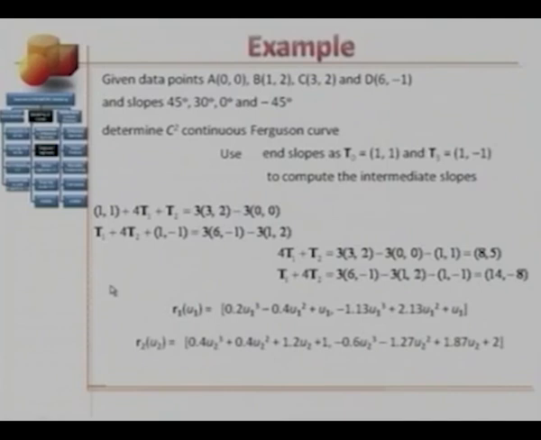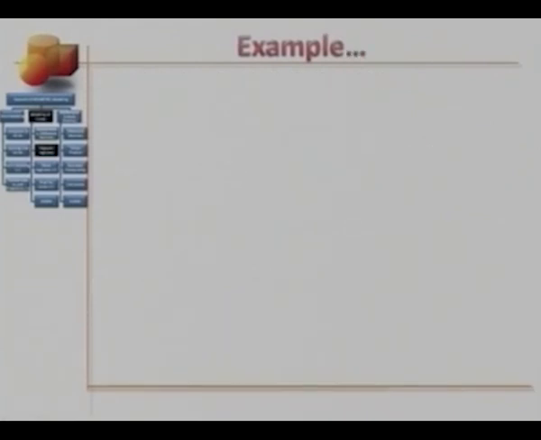Likewise, the second segment is 0.4 times u2 cube plus 0.4 times u2 squared plus 1.2 times u2 plus 1, the x component, and the y component is minus 0.6 u2 cube minus 1.27 u2 squared plus 1.87 u2 plus 2. The third segment can be likewise computed. Let's look at the graphics here.